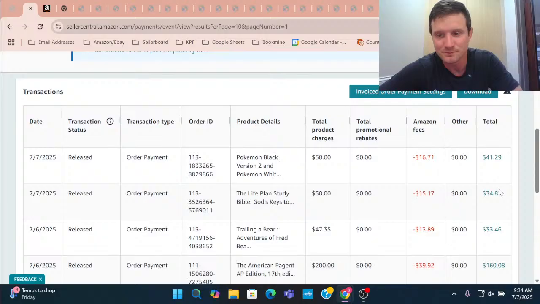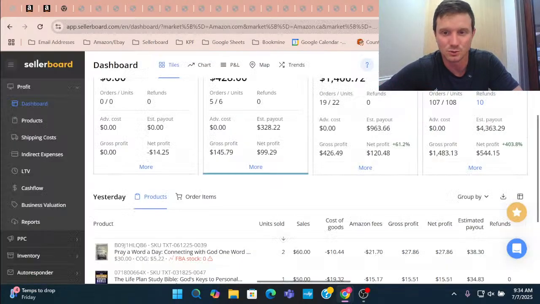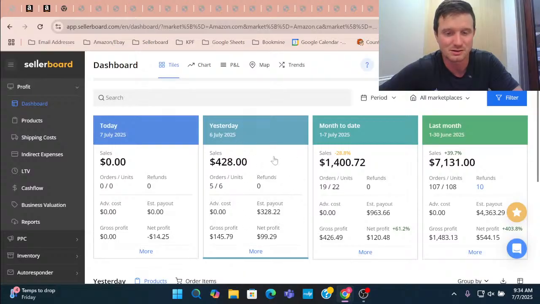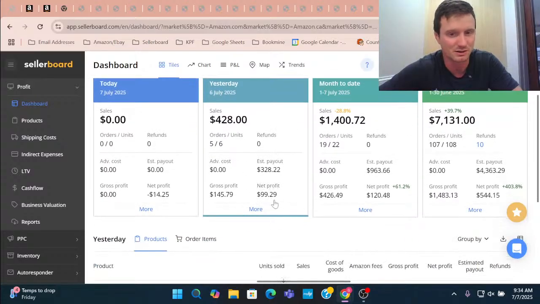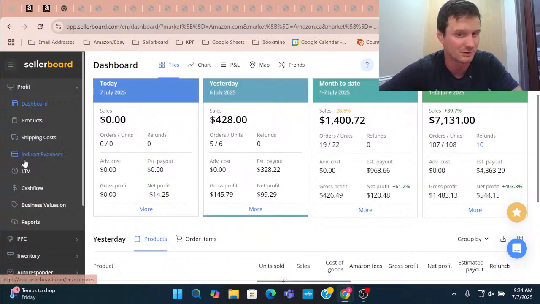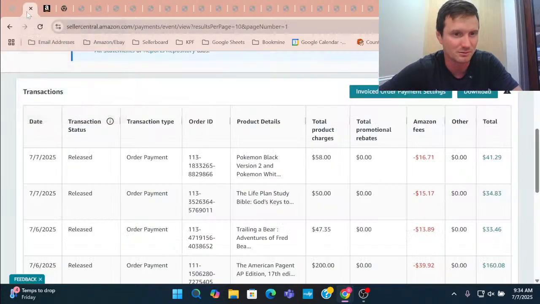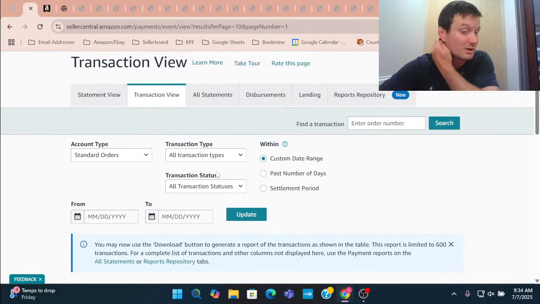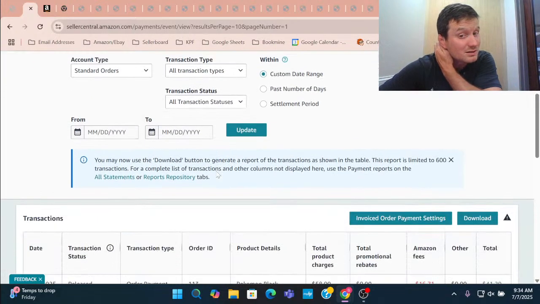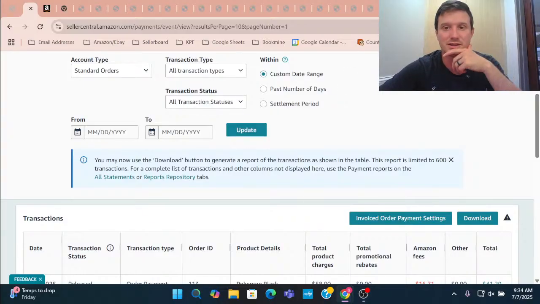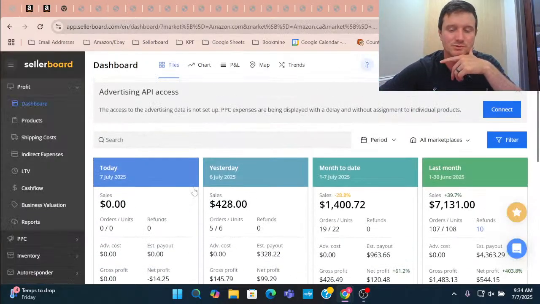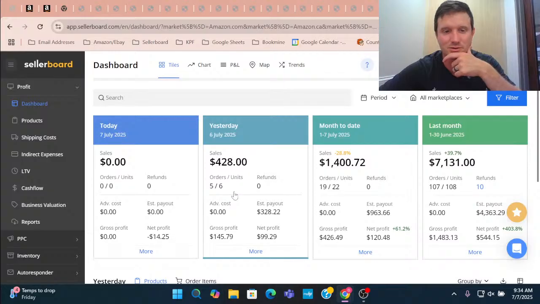So it's not really telling you exactly the total of what you made in the day, and especially not what you made profit wise, if that makes sense. You could definitely figure this number out by narrowing down the dates and adding it all up and everything, but Sellerboard just does it for you. So that's kind of the main reason why I would do that.